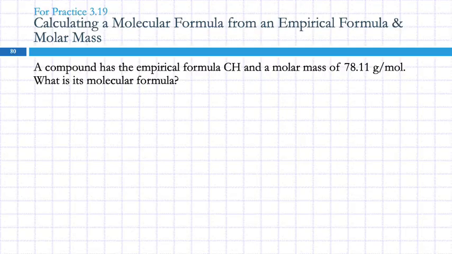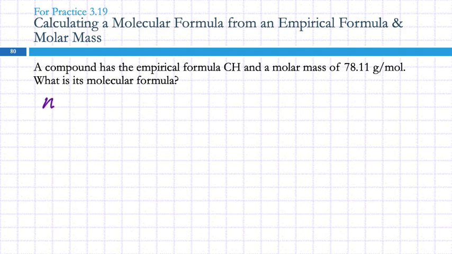So let's do an example. A compound has an empirical formula CH and a molar mass of 78.11 grams per mole. What is its molecular formula? Well, it's going to be C something, H the same something, but how do we figure that out?